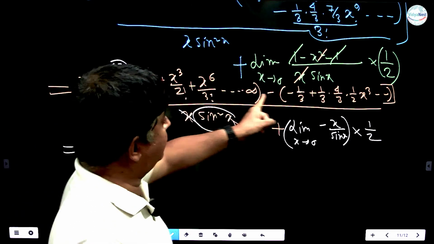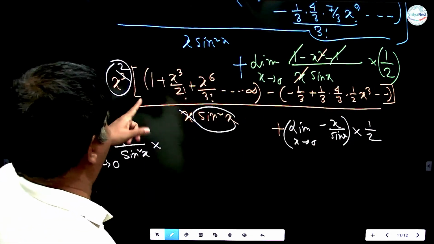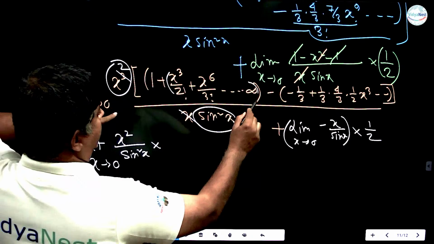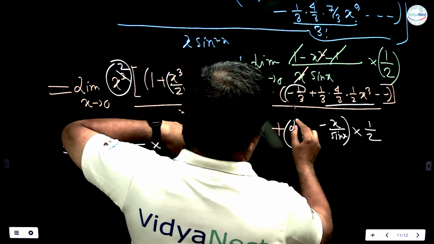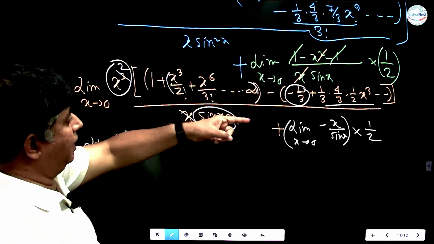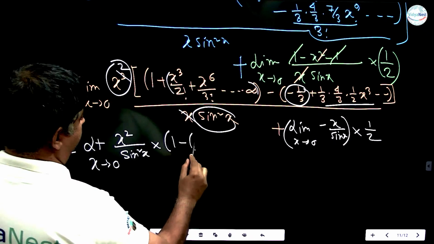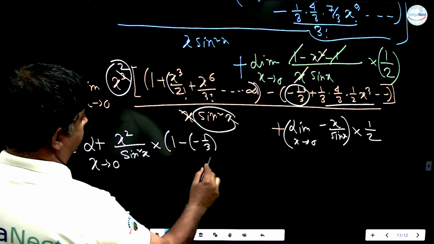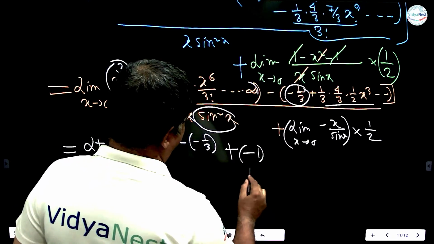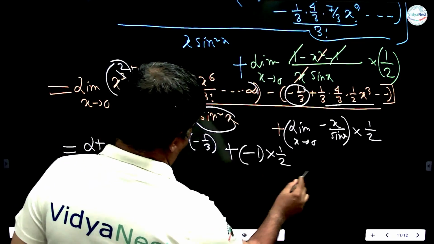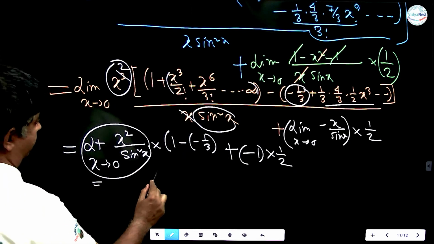And in the rest of the algebraic expression, if I put x 0, all terms will be 0. All terms will be 0 apart from these two, 1 and minus 1/3. So this will be 1 square.